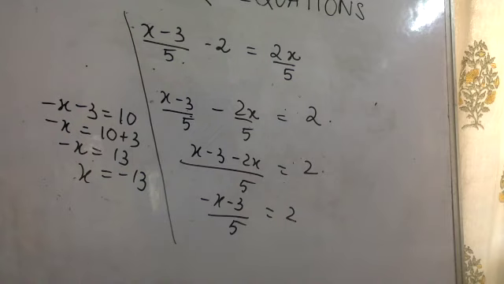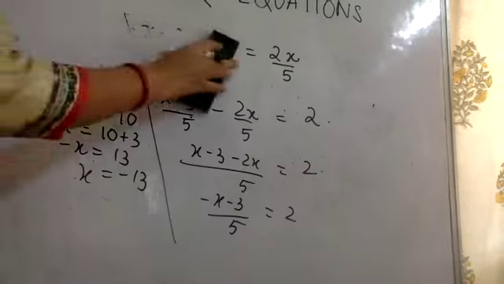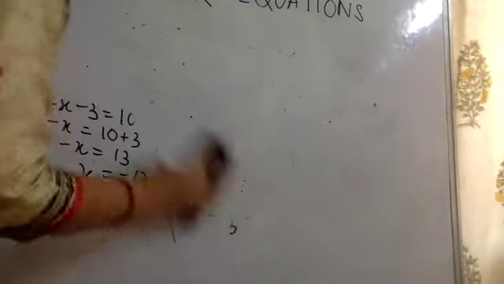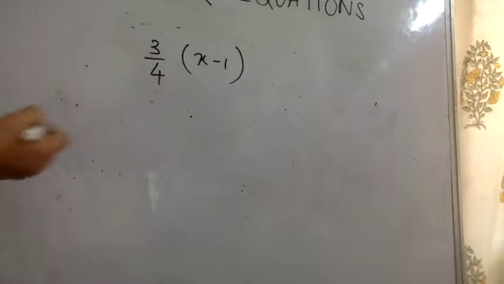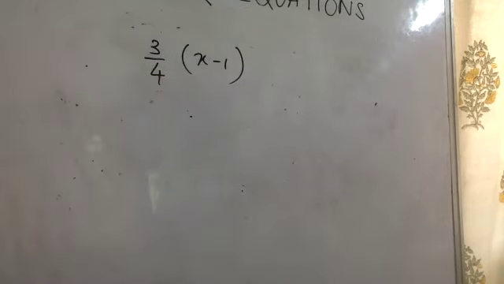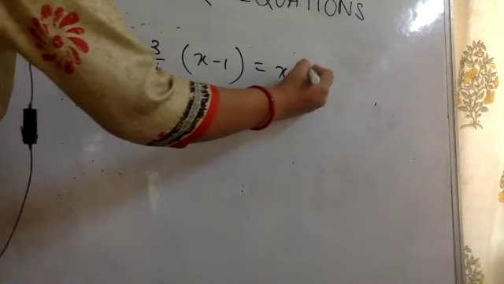One quick sum now. The last sum that we are going to take up is 3 by 4 x minus 1 is equal to x minus 3.